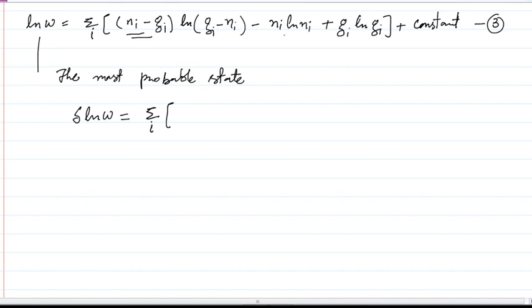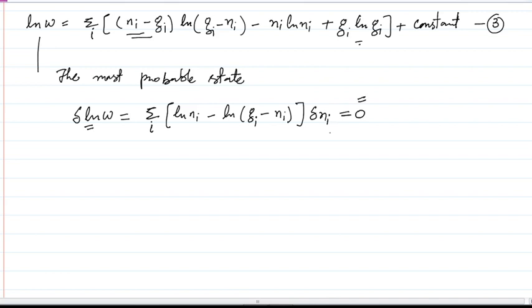Similarly for this case, and this term will also be equal to 0. So we will get this ln of Ni minus ln of Gi minus Ni, only these two terms, and we are basically differentiating it with respect to Ni. And we are maximizing it, so it is the first differential, that means this will be equal to 0.